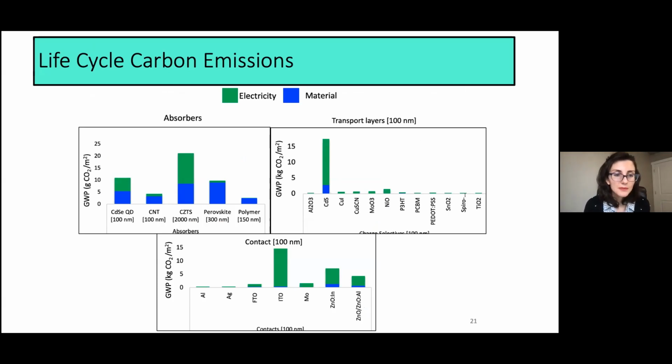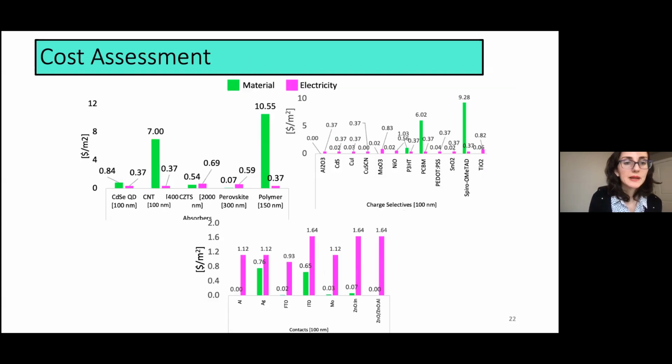From the contact material perspective, we identified that aluminum and FTO materials have very little CO2 impacts compared to the alternatives. And from the GWP, global warming potential, perspective, the transport layers that contain tin oxide and copper iodide may work really well from an environmental perspective. We also looked at their cost, and again we identified the low cost materials at this point.